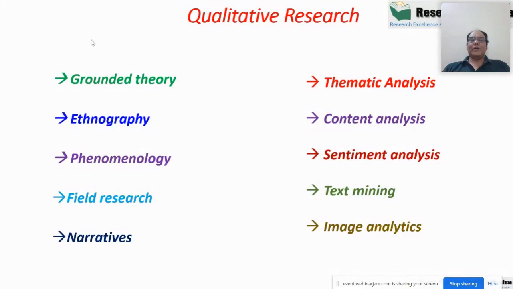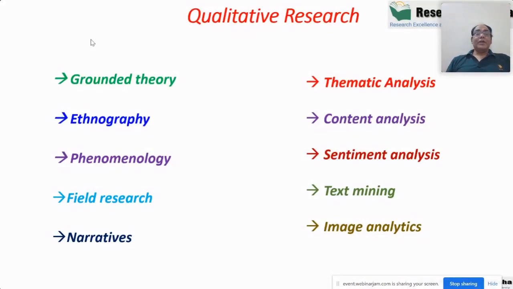Some of the topics I may not cover in today's session, but you should know about these. First of all, grounded theory. There are many ideas which come to the mind of researchers to define the observed phenomena.